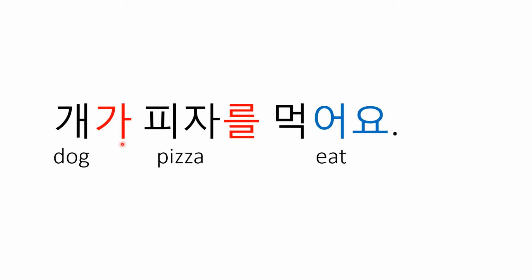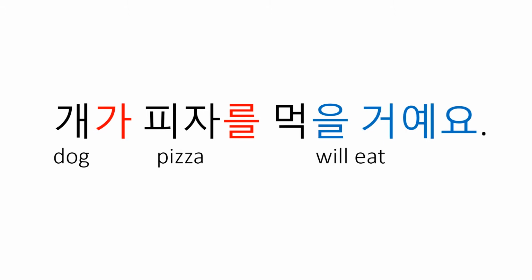To make Korean sentences, use Korean grammatical elements, which are called particles or postpositions, and change a verb ending according to the situation. 먹어요, eat. 먹었어요, ate. 먹을 거예요, will eat.